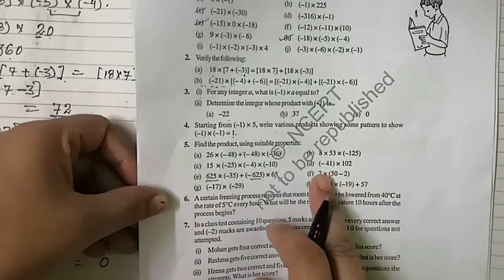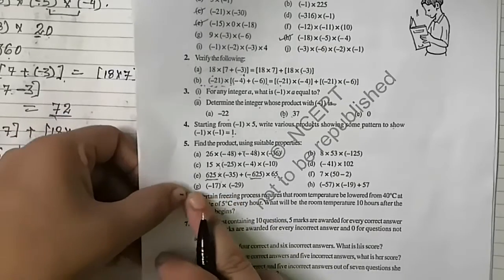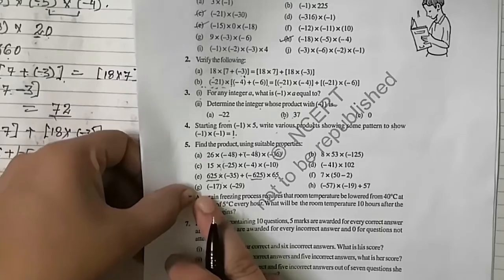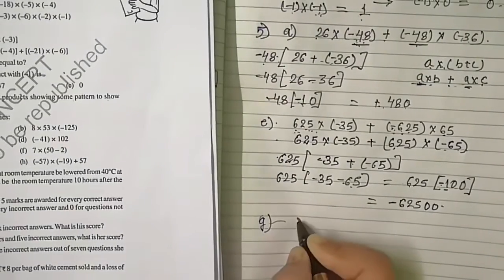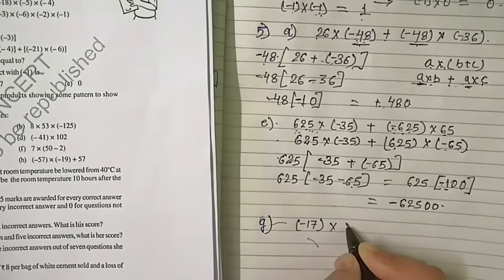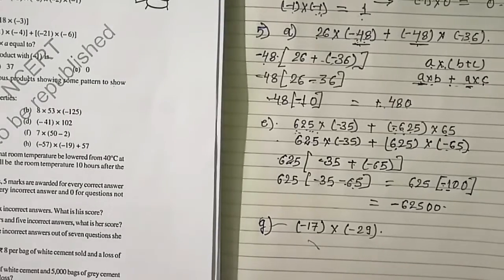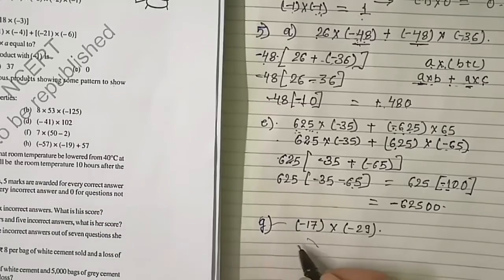See, one more question I am taking, like this one, question G. Minus 17 multiplied by minus 29. See, here also we can apply distributive properties. How?